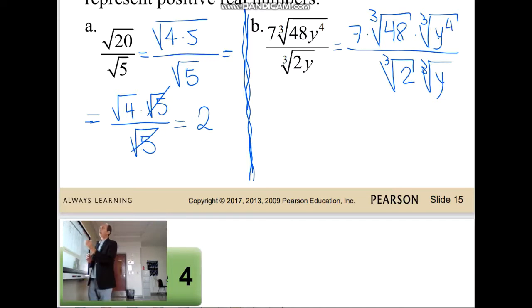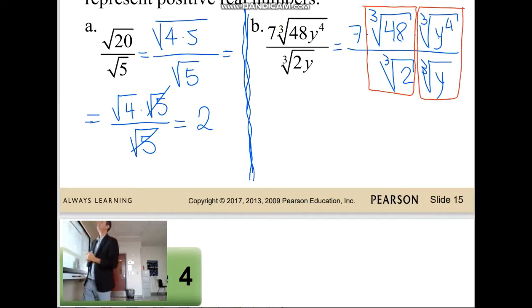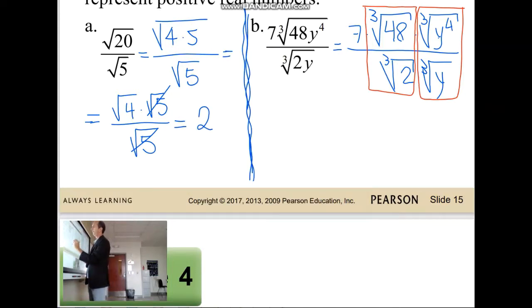What we will do now to simplify is combine this here using the quotient rule, can you see? And that one as well, we're using the quotient rule. So we're gonna have, let me write down here and let me use a different color, blue, equals. Keep the 7 times, using the quotient rule to put this all together.